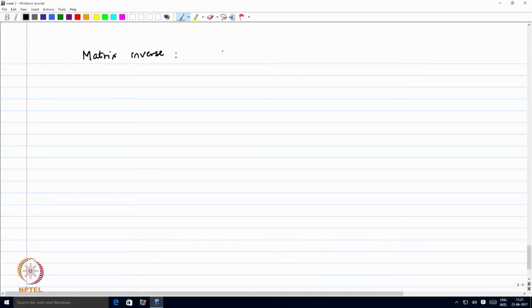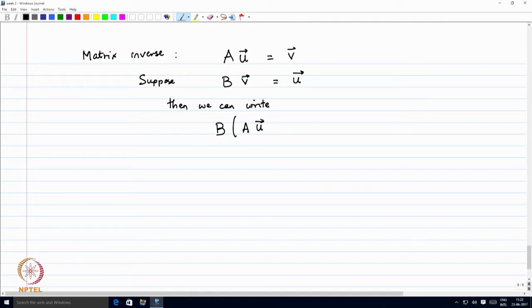So if you had a matrix A operating on a vector U, you get some other vector V. Now suppose B operating on V gives you back U. Suppose you find some other matrix B which operates on V to give you back U. Okay, so then we can write B operated on V, and instead of V I will write A U, equal to U.